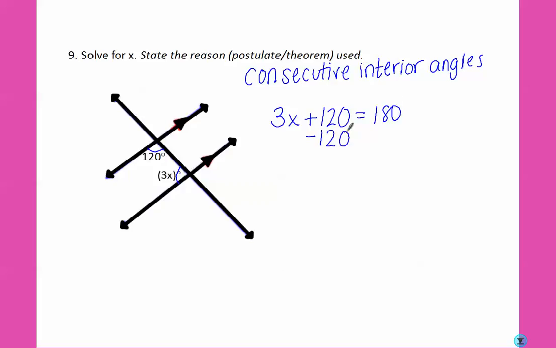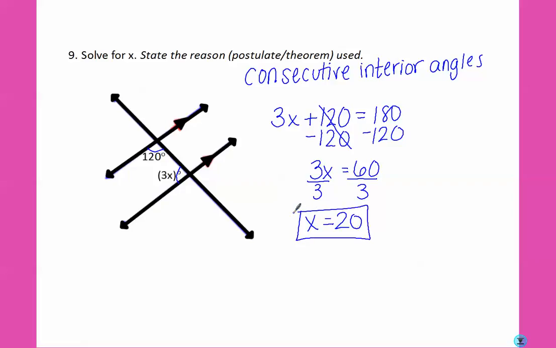Subtract 120. 3x equals 60. Divide both sides by 3, and we get that x equals 20. You could check your answer by plugging 20 back in for x and seeing if the two angles add up to 180.